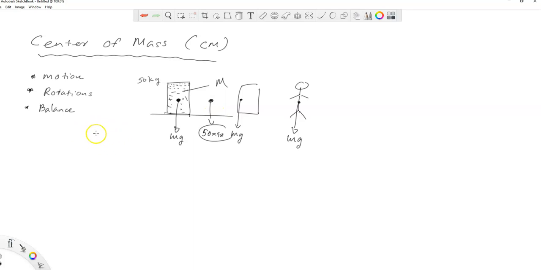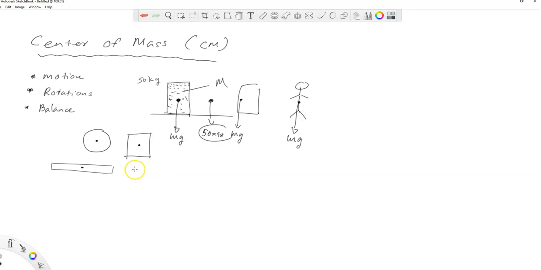For example, if it is a uniform solid sphere, the center of mass will be right at the center. If it is a square, like a box kind of thing, it will be at the center. If it is a linear object, it will be at the center.